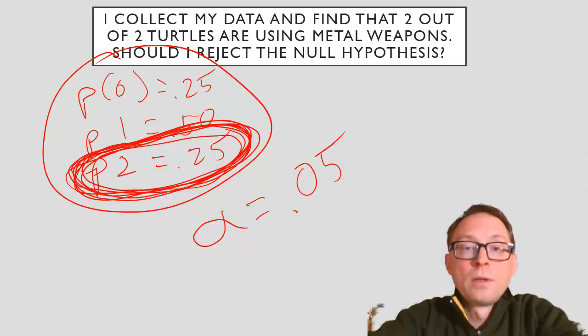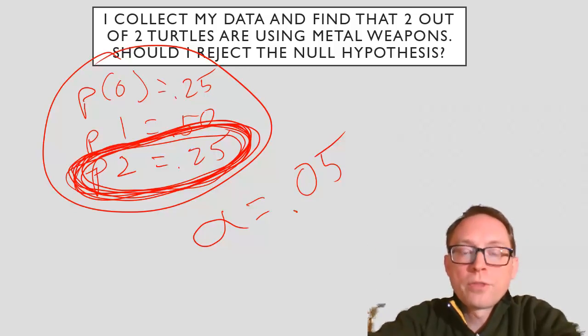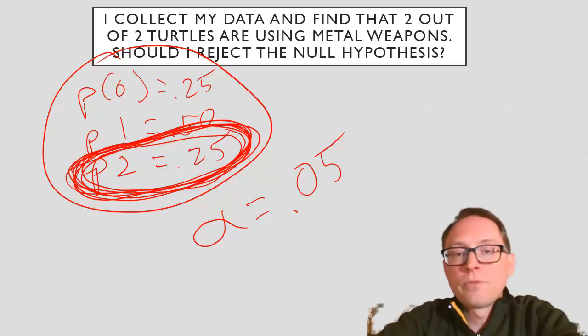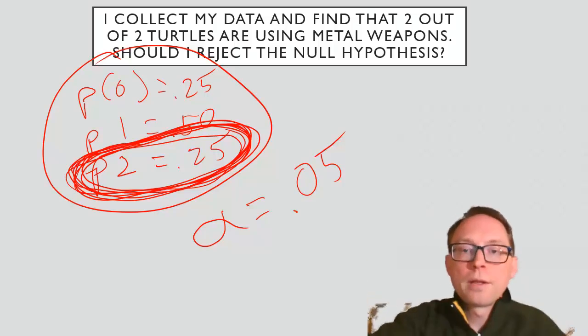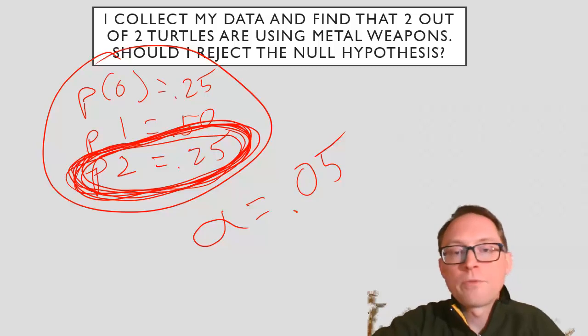So there's no possible way that you could reject the null hypothesis if your alpha is 0.05, if your standard is a 5% chance. Because at any given moment, the result that you get has at least a 25% chance of happening when Shredder being on fire has nothing to do with the weapon that you choose.